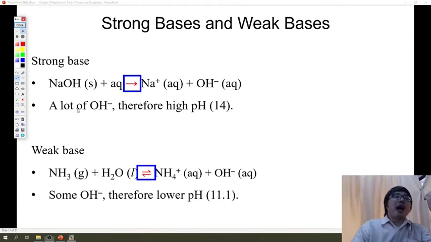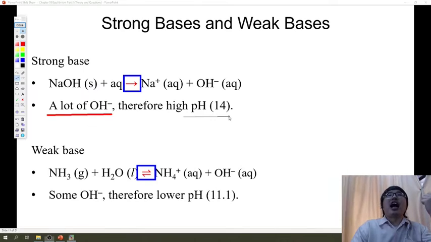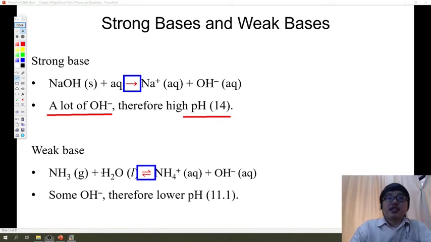Because sodium hydroxide completely dissociates, there are a lot of hydroxide ions, so a high pH. Because ammonia is a weak base and only partially dissociates, this forms only some hydroxide ions.